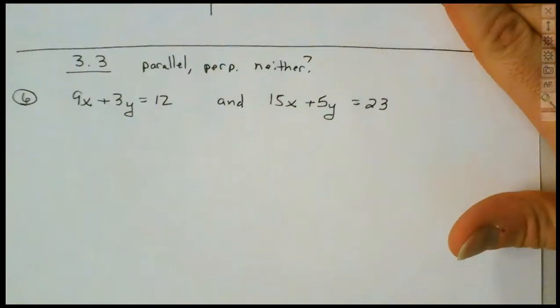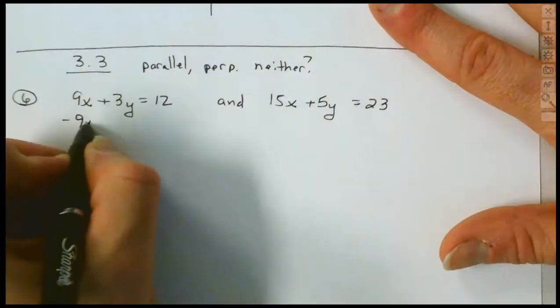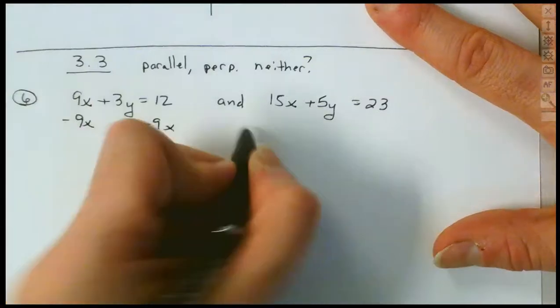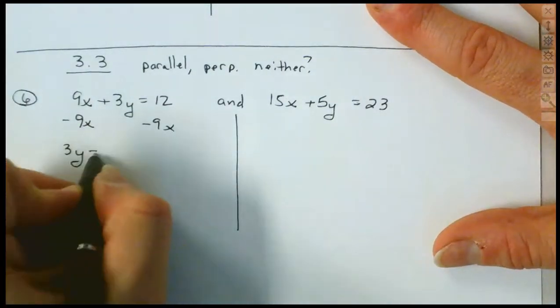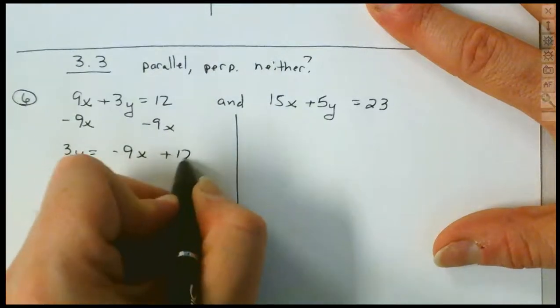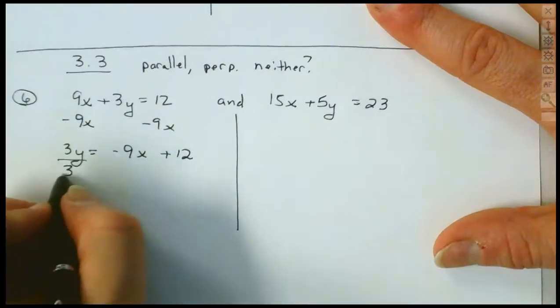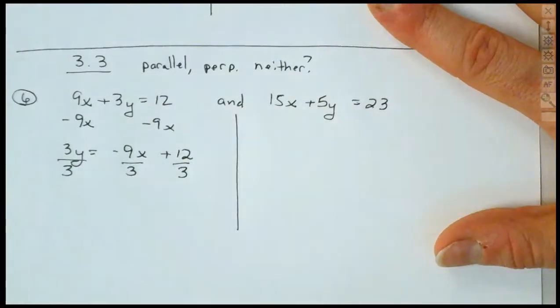So let's go ahead and take each one of these and solve each one for y. So move the 9x over on our first one. And that leaves me then with 3y equals a minus 9x plus 12. We'll divide by our 3. And you really need to reduce these down as far as you can.